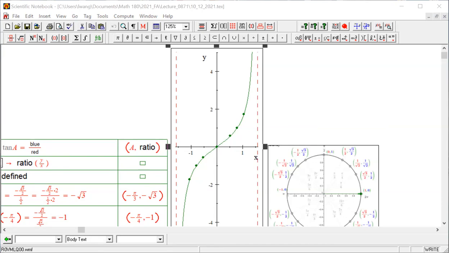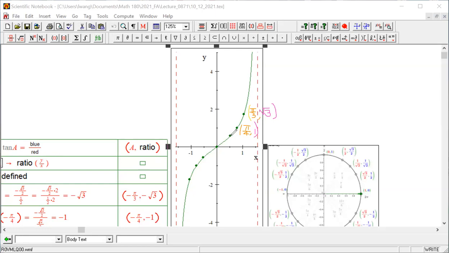So this point, the orange color, which is pi over 3. The ratio, which is the purple, is going to be √3. You guys see that well? And this next point is pi over 4, and the purple ratio, which is the blue over red, is going to be 1.